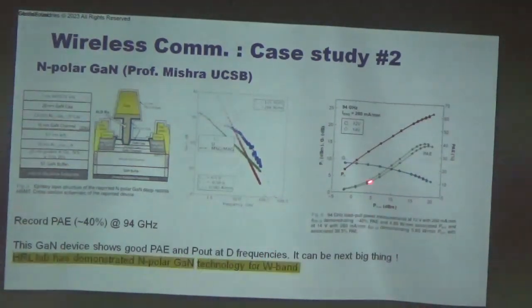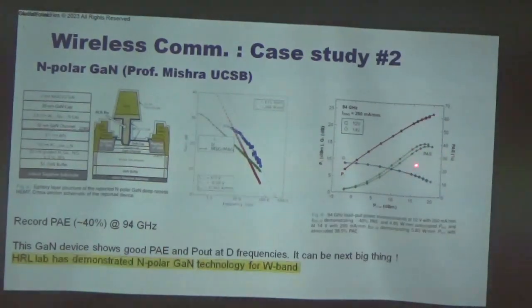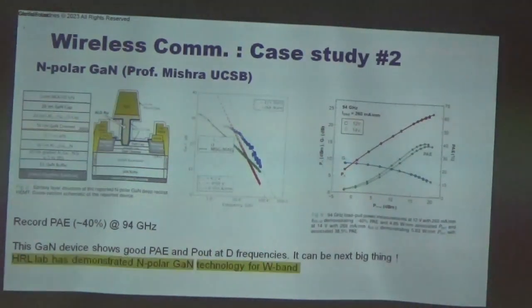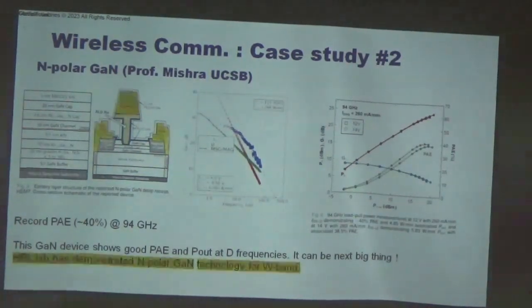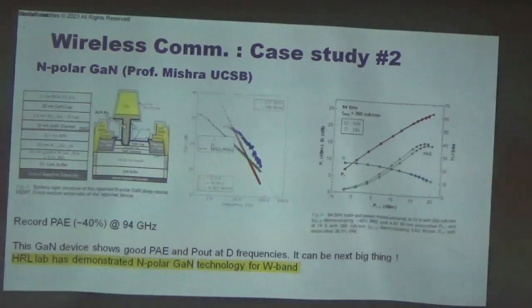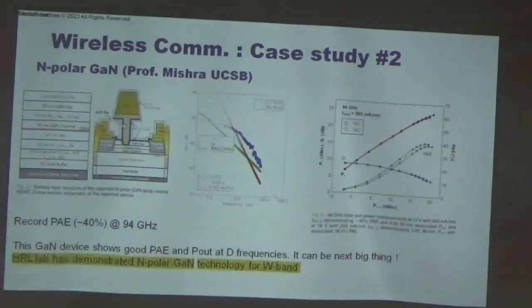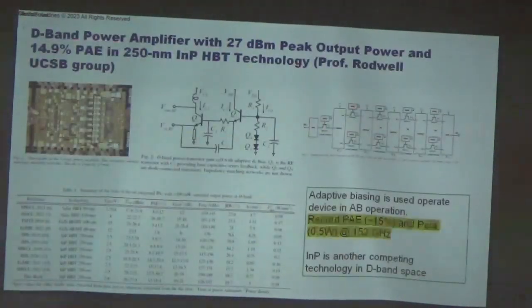They demonstrated very good, almost 40% efficiency with somewhere around half a watt of power. 40% efficiency at 94 gigahertz is a very good number, which is not achievable with silicon or CMOS technology. So this could be one possible technology going forward for this application space.